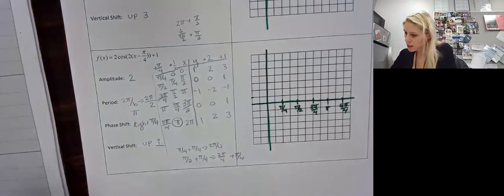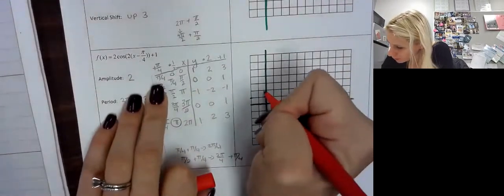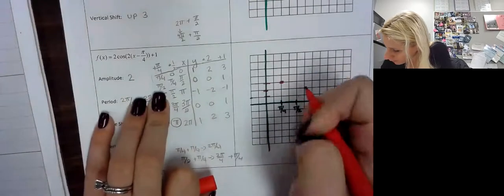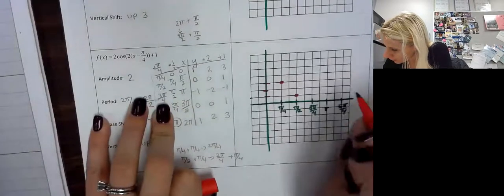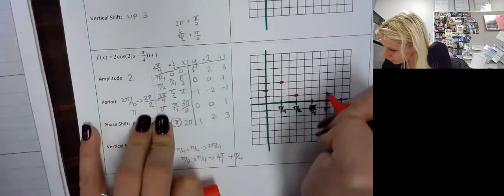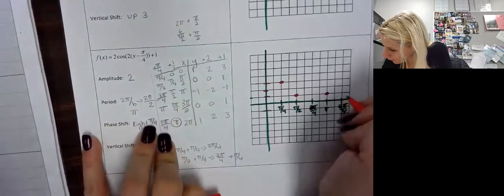Okay, at pi over 4, we're at 3. 1, 2, 3. At pi over 2, we're at 1. At 3 pi over 4, we're at -1. And at pi, we're at 1. And at 5 pi over 4, we're at 3.